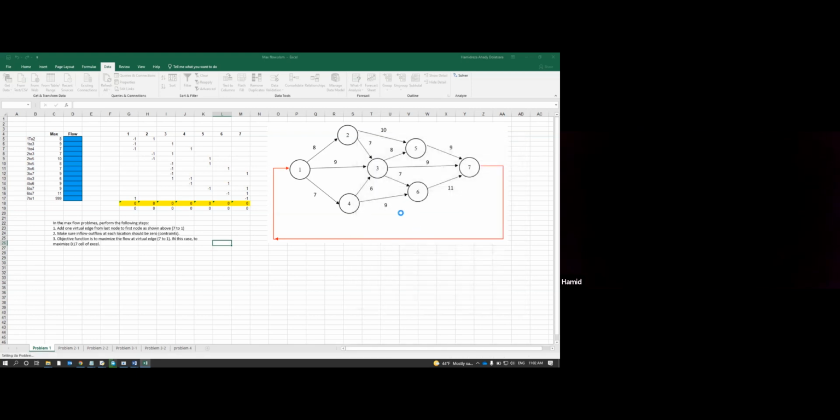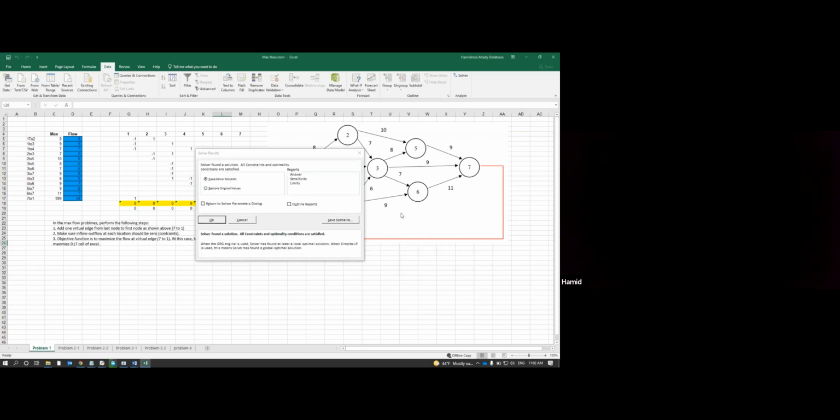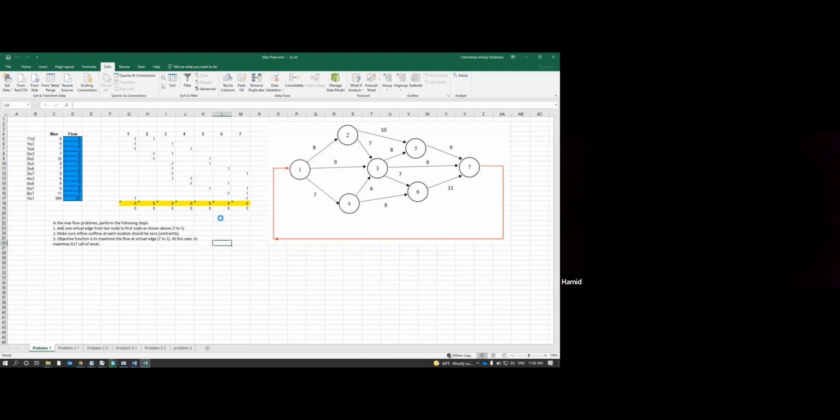Let's solve. Yeah, this is the answer. As you see, if you look at D17, the answer is 24.